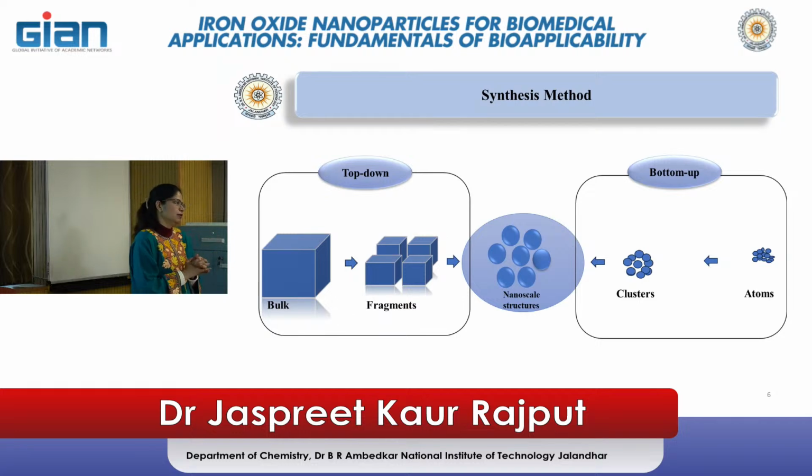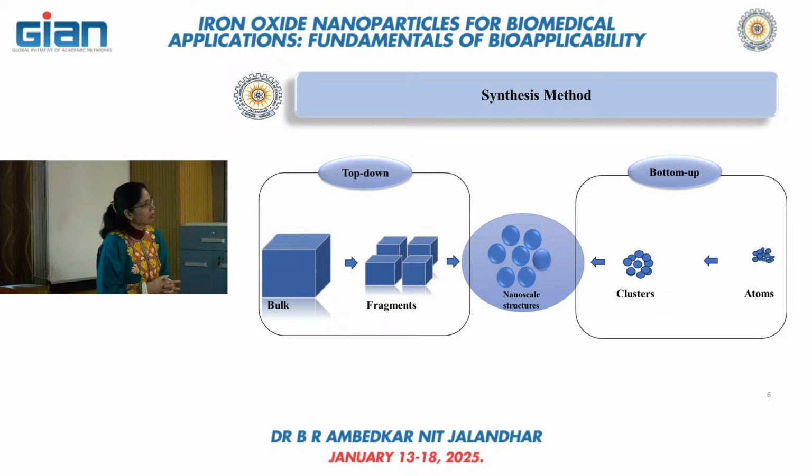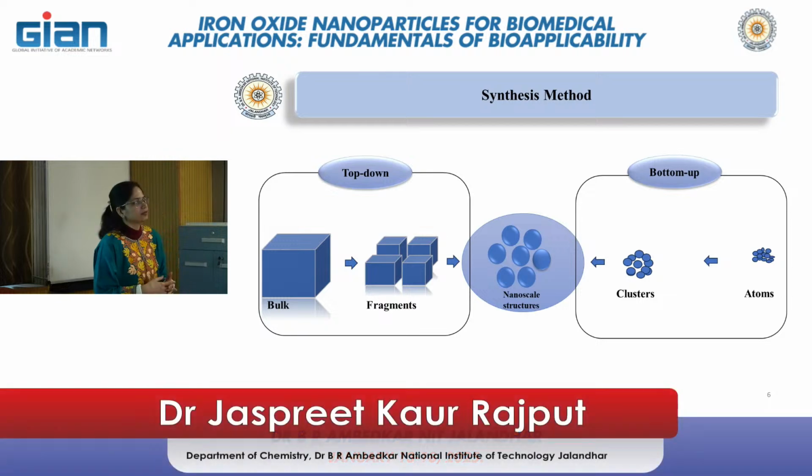But yes, you can have 2D material, like nano ribbons, nanotubes. Quantum dots are there, right? 0D material in which all the dimensions are in the nano range. Clear? So in this way, you can synthesize different materials of different dimensions, shapes, and sizes.